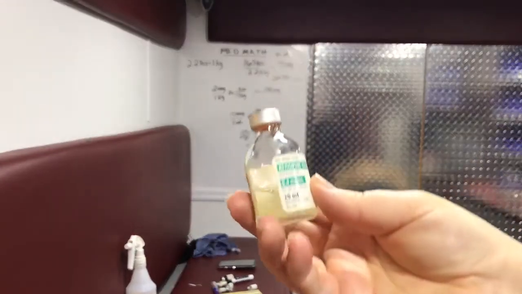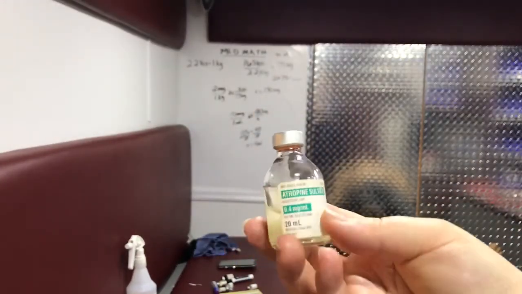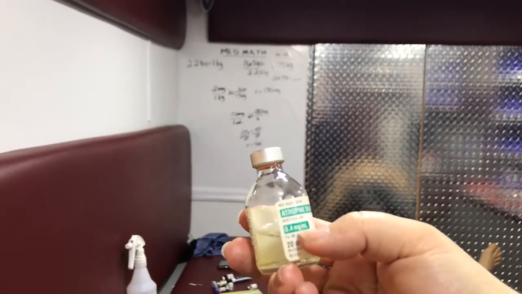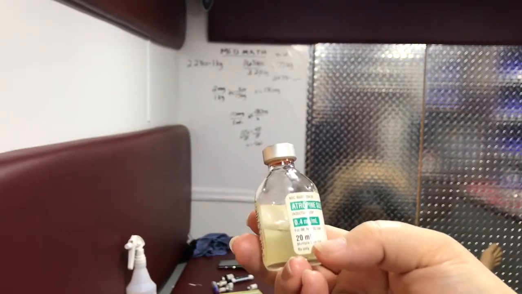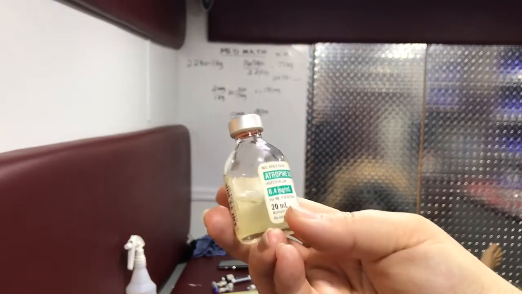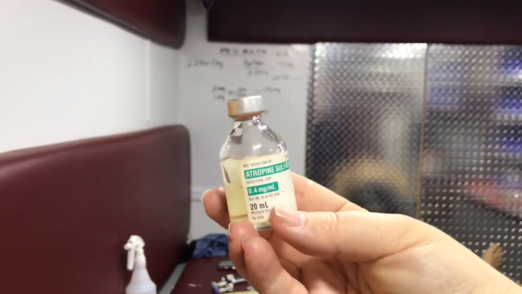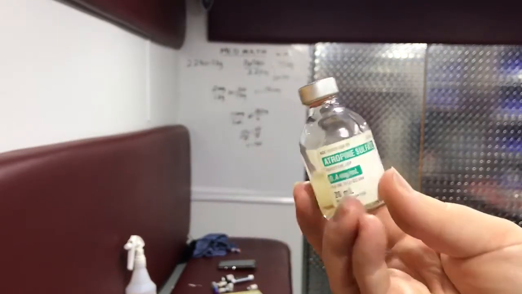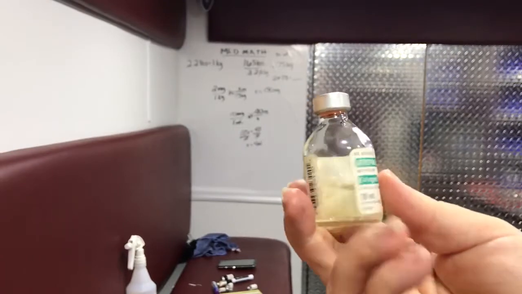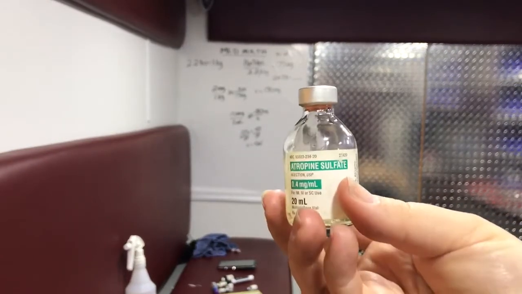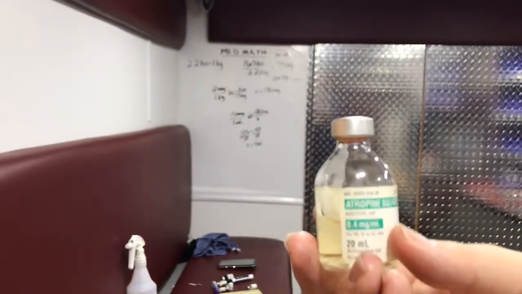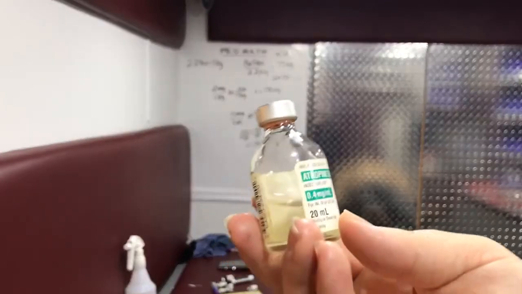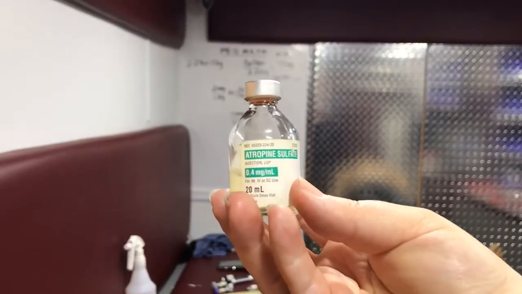So here's a multi-dose vial. This one has a concentration of 0.4 milligrams per milliliter, and it's got 20 in it. So generally we will use these multi-dose vials for organophosphates. So let's look at giving our patient 3 milligrams because they have an organophosphate poisoning.